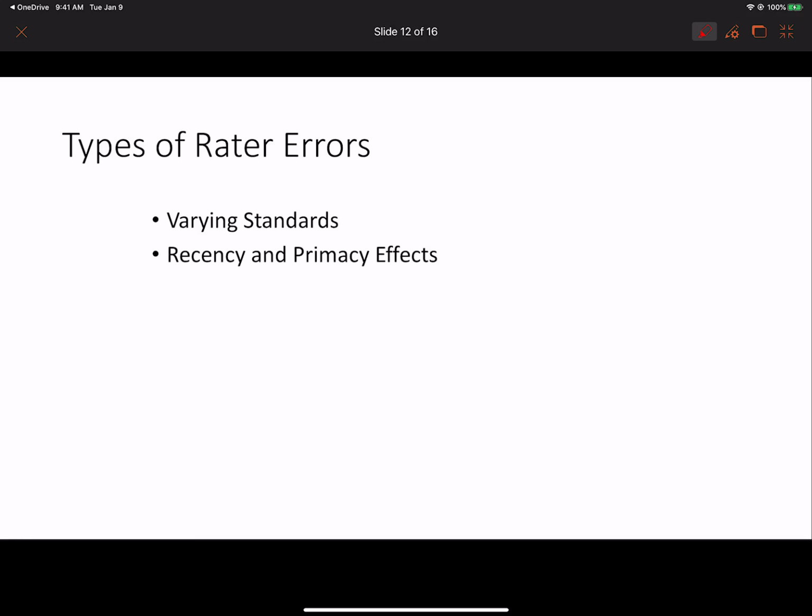So it's kind of like recency, where you take the most recent. Well, primacy is where you are giving greater weight to information received first when appraising an individual's performance.